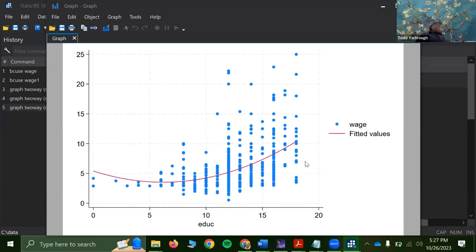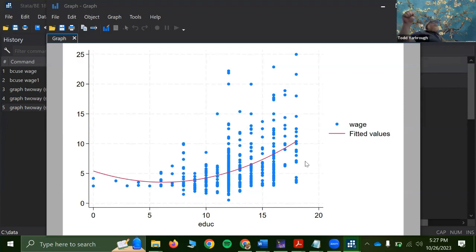So when we say that education and wage has a non-linear potential relationship, what we mean is that every year of education, the marginal change in wage grows, right? Because what does linear mean? Linear means that the marginal effect is constant.